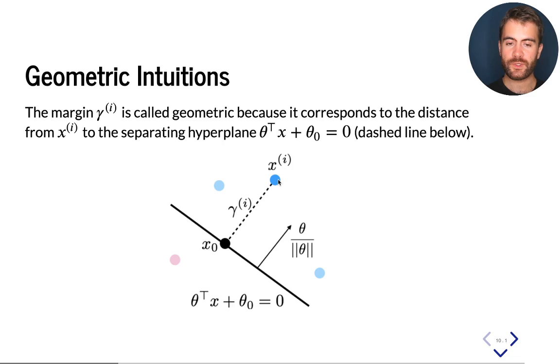So if we take the closest path from this blue point xi to the hyperplane, which is going to be following the line that's perpendicular to the hyperplane, this is the closest distance to the hyperplane. Here I'm denoting this with a dashed line. I claim that the length of this dashed line is precisely gamma i, which is our geometric margin that I just defined. And that is another argument for why we want to be using precisely this formula for the margin, because it just matches the geometrical distance.